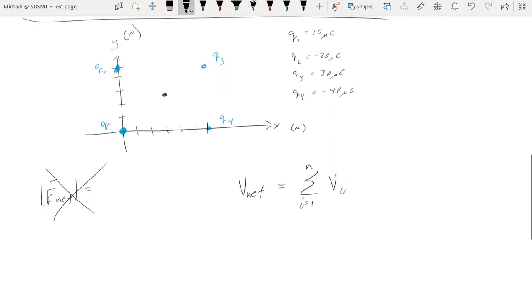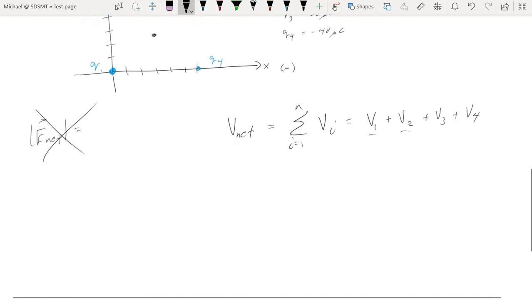But now that we have a point, we can say, all right, I need to know what the electric potential at that location is that is produced by charge 1. I need to know how much potential charge 2 produces at that location, how much charge 3 produces, and how much charge 4 produces.